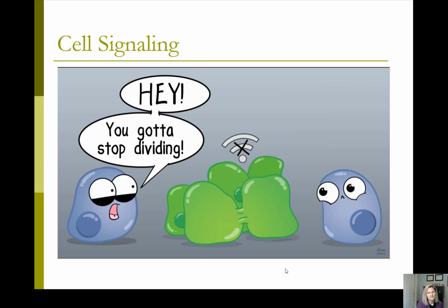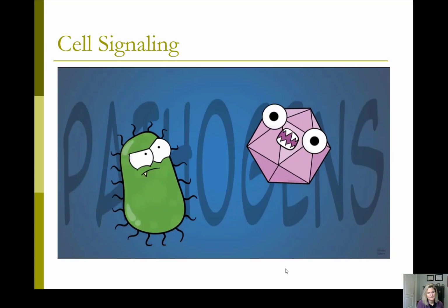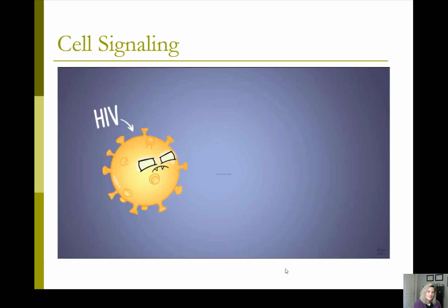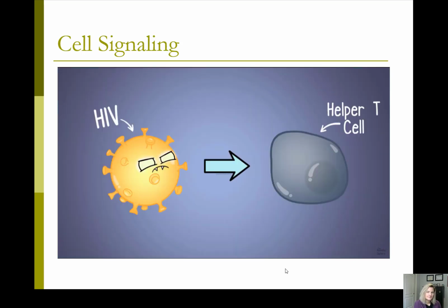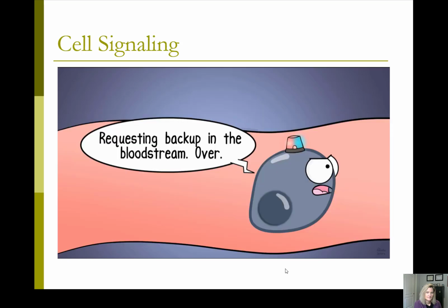Or another example, there are also pathogens, such as viruses or bacteria, that can take advantage of cell signaling. Consider the virus HIV, which targets helper T cells. Helper T cells are important immune cells in your body, and they have something called a CD4 receptor on their surface. That receptor is so important so that helper T cells can communicate with other immune cells.